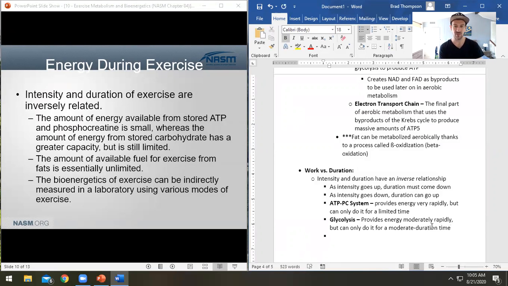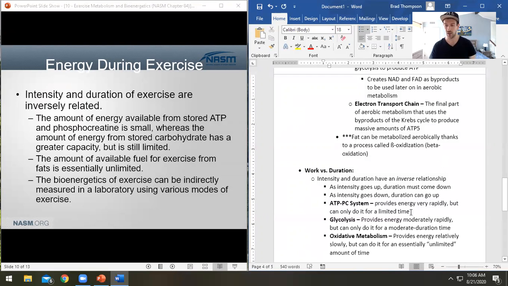And then we have aerobic or oxidative metabolism. It provides energy relatively slowly, but can do it for an essentially, we'll put it in parentheses, unlimited amount of time.